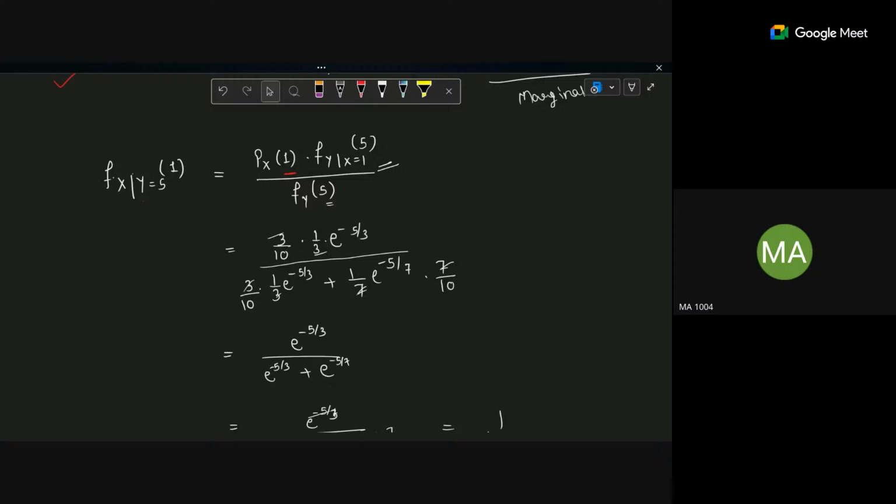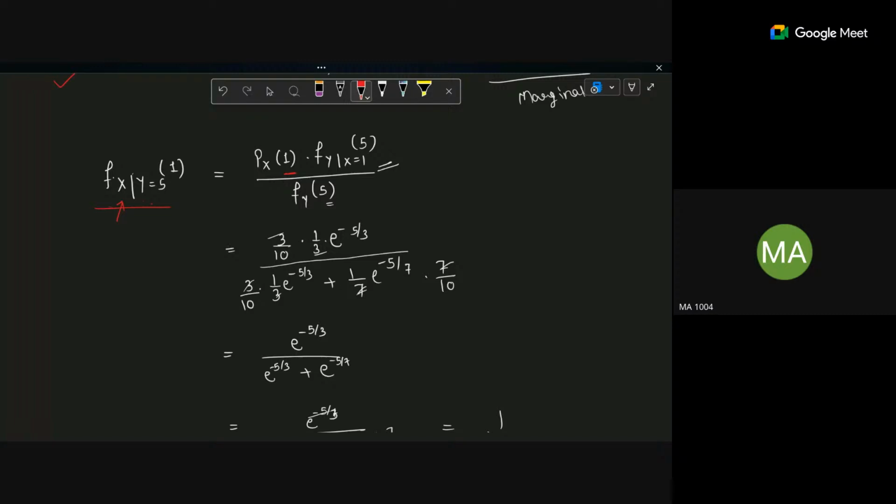Is it fine for everyone? Why is it 1 minus? Because this kind of probability, f of x given y is equal to 5, is a conditional probability of discrete given continuous. So these discrete random variables can have finite values. Like in this particular case, we have only two values, 1 and 0.